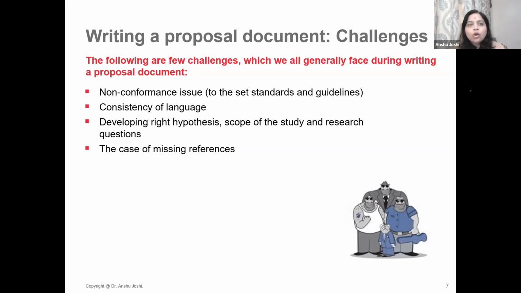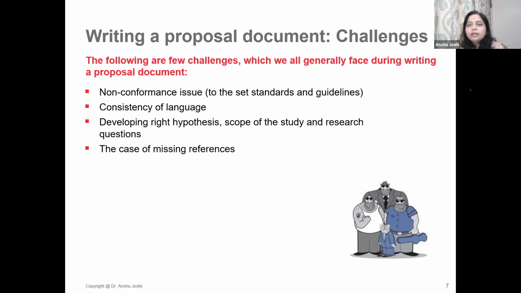So there could be a non-conformance in the context of the kind of bibliography provided. It could be related to the research methodology section. It could be related to the overall word limit and so on. To avoid that, it's very important to understand the target audience for the research proposal. Is the research proposal being prepared for an evaluation purpose within the university or within the college?